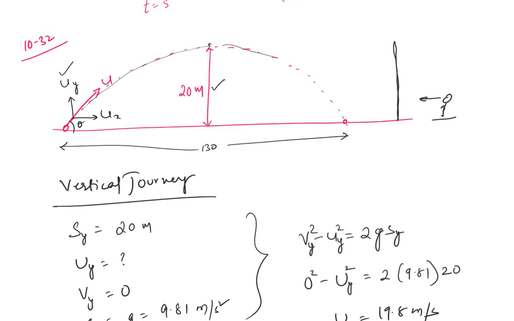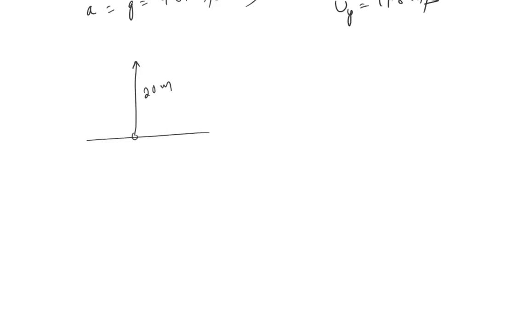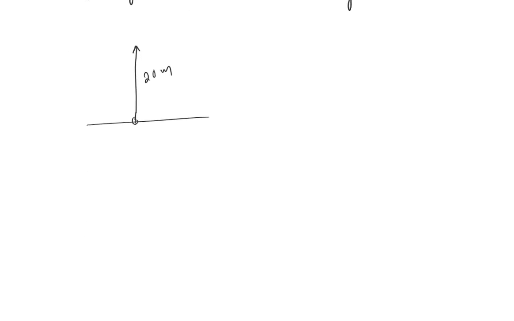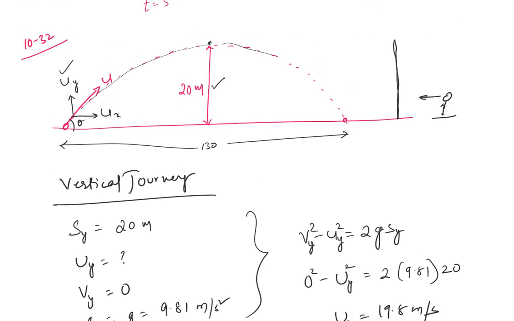As long as we know what height this projectile has reached, we can treat this problem simply as somebody throwing the ball up vertically, reaching 20 meters. The time is exactly the same, and this velocity u is exactly the same as the uy velocity in this case.